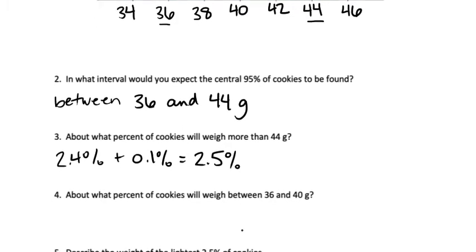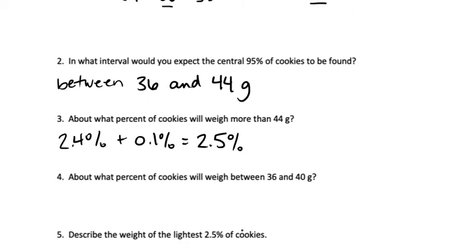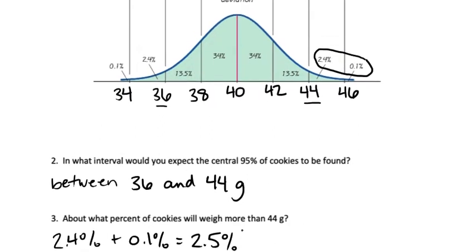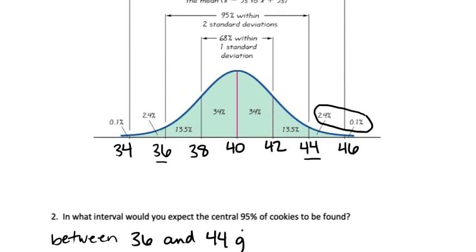Question 4 says about what percent of cookies will weigh between 36 and 40 grams. So looking at my graph, 36 to 40 is the area enclosed in here, and the total percentage of that area is 34% plus 13.5%.